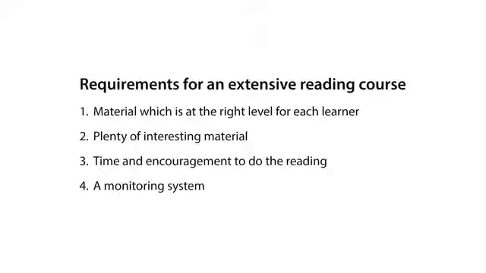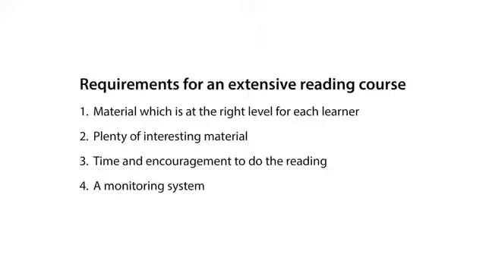When learners begin to do extensive reading, they should do it in class time. This is to make sure, first of all, that they do the reading, and secondly, to make sure that they know what they should be doing when they do the reading. That is, that they should choose books which are at the right level for them and get on and quietly read them.